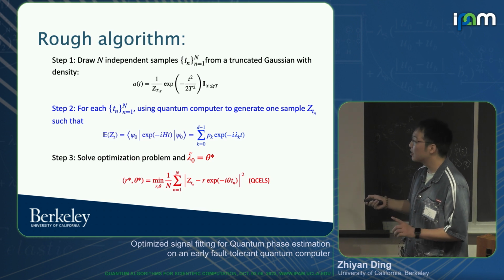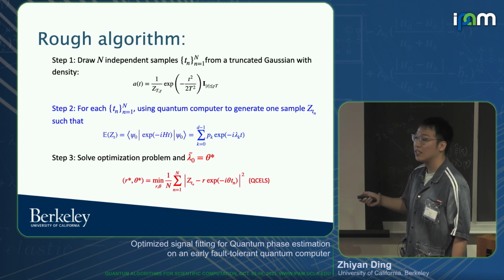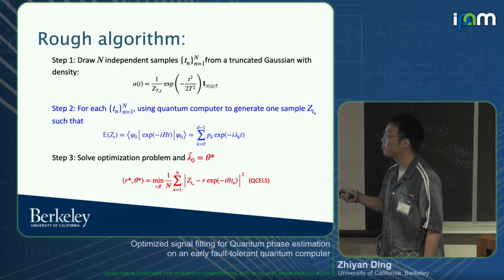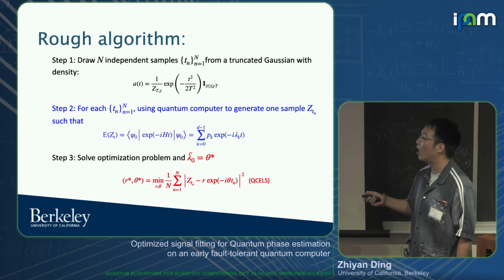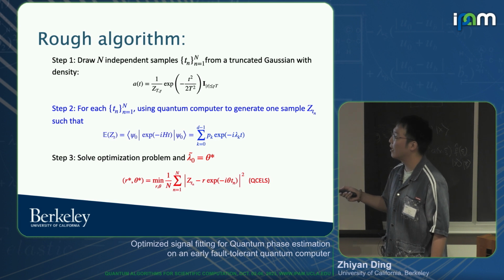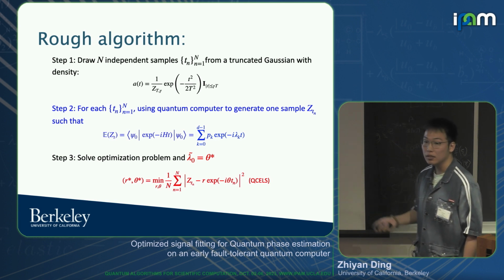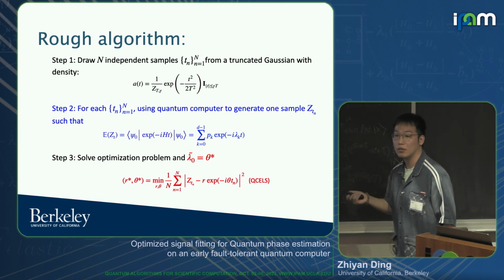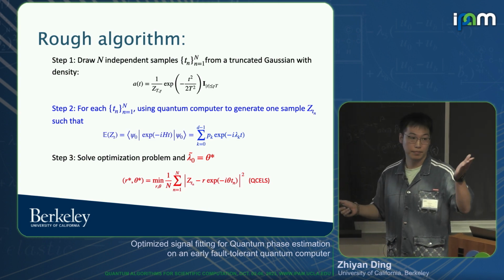Then I only use a single signal, which is R exponential i theta Tn, to fit the original signal. And by solving this optimization problem, I can output my theta star, which is an approximation to lambda 0. So this is our algorithm. Any questions here?